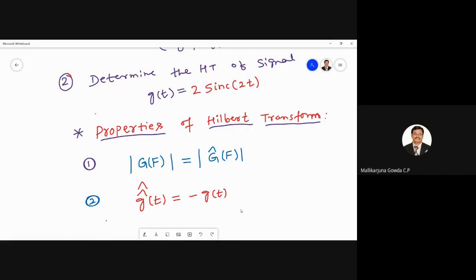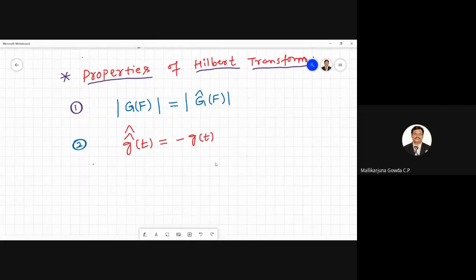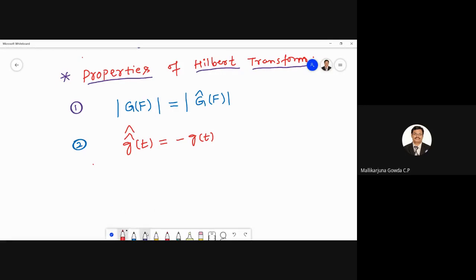And the third property is that the signal g(t) and its Hilbert transform g-hat(t) are orthogonal to each other. Why do I say this?